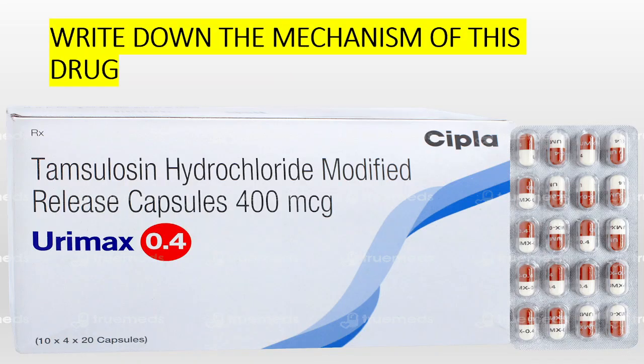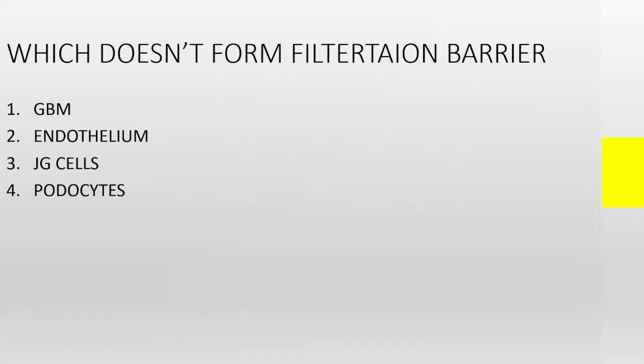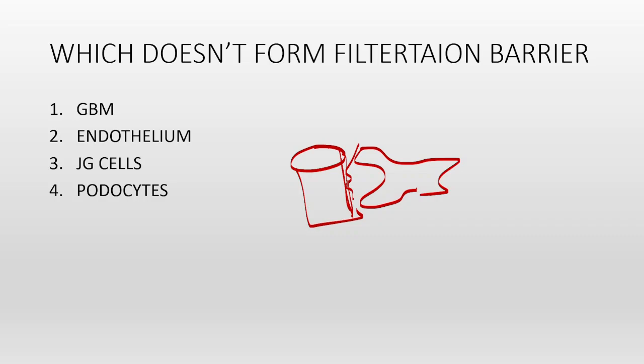The drug that you commonly write in the OPD, tamsulosin, is an alpha blocker, to be more specific, an alpha 1A blocker, which doesn't form the filtration barrier. Take the blood vessel, glomerular basement membrane, then podocytes will be here, and endothelium here.